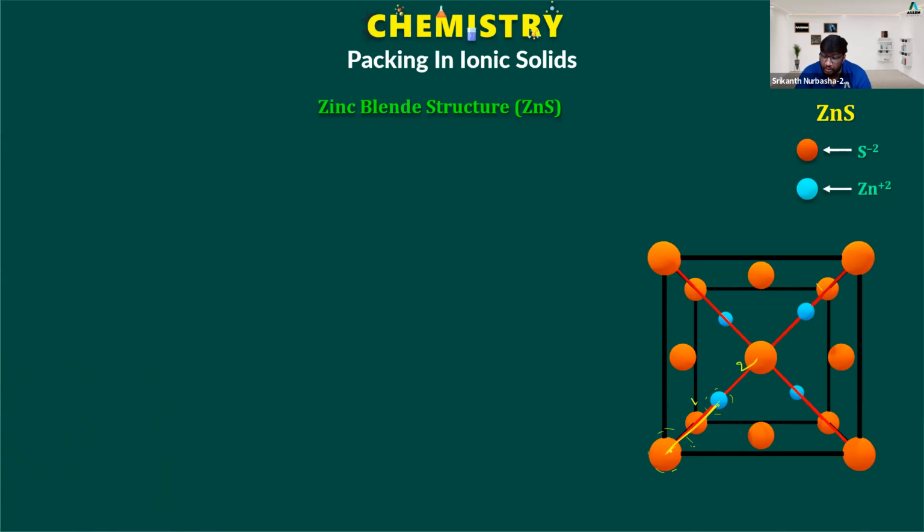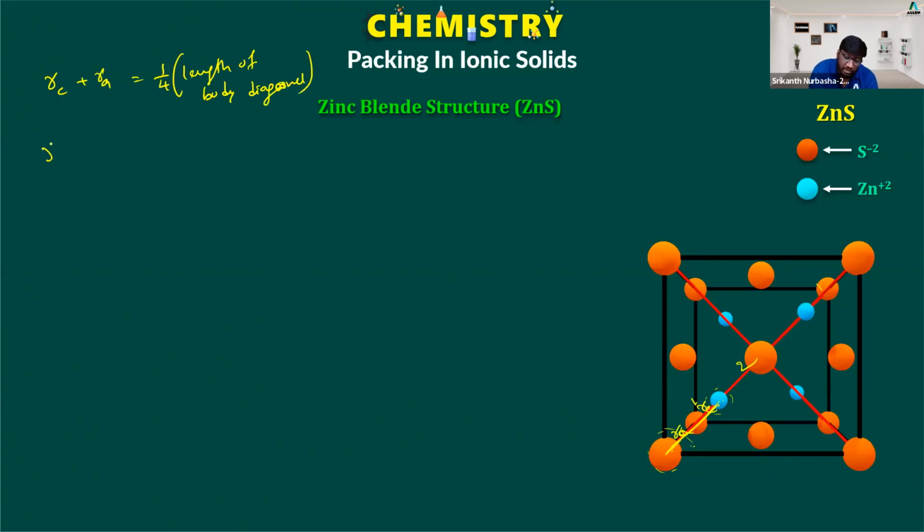So the distance from the corner to the center of the tetrahedral void is 1/4 of the length of the body diagonal. The cation and anion are touching, so radius of anion plus radius of cation should be equal to 1/4 times the length of the body diagonal.